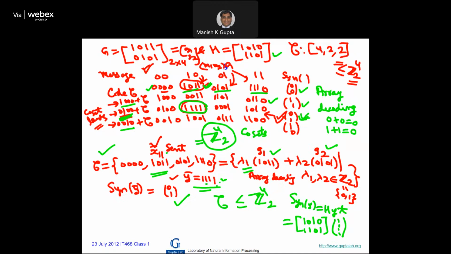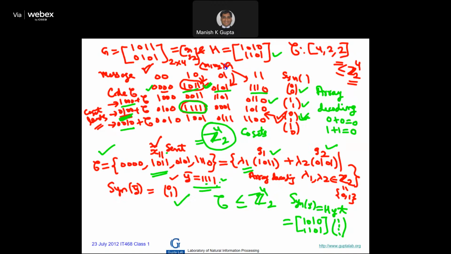Between these 2, 2. And then maybe 3. What about this and this? 2. So all pairwise distances you can compute and then take the minimum. So D is equal to 2.